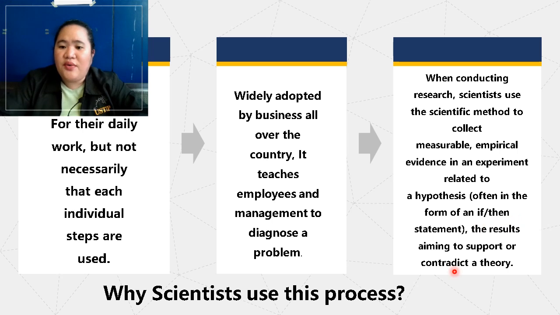So the results class aims to support or contradict. So ang iyahang gusto class, ang result actually, ang purpose niya is to either support or contradict a theory. So that's why they're using this scientific method. Scientists use scientific method. Okay?